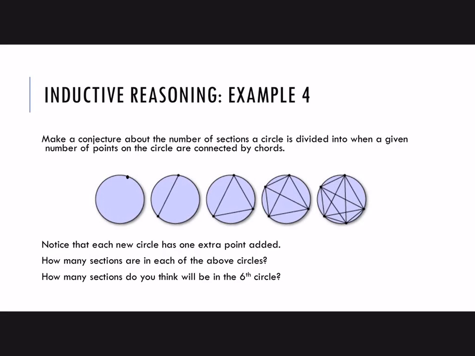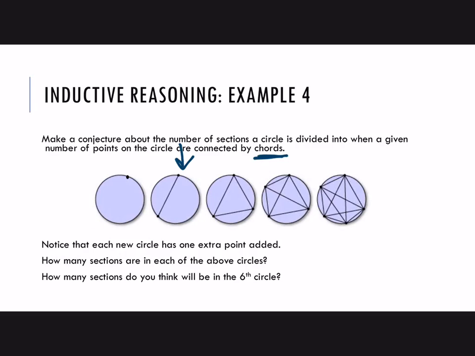Make a conjecture about the number of sections a circle is divided into when a given number of points on the circle are connected by chords. Okay, so review of chords from geometry. A chord is just a line segment that cuts across a circle. So in this first circle diagram, we have a circle with 1 point on the edge.